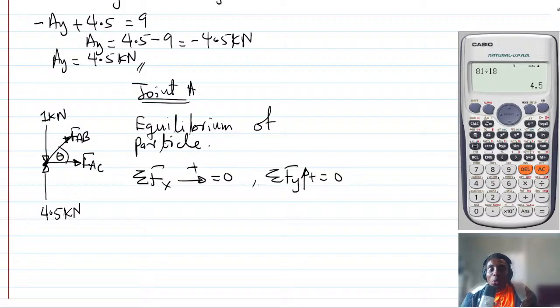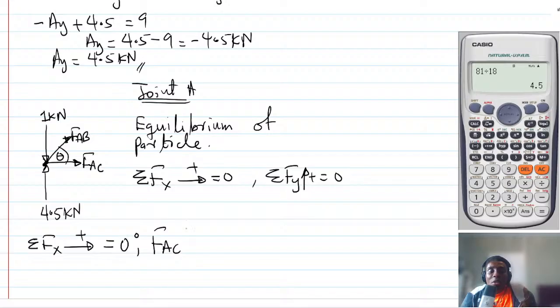All right. So let's quickly do this. Summation of forces along the x. So we have FAC, which is along the x direction, and the sum should be 0.